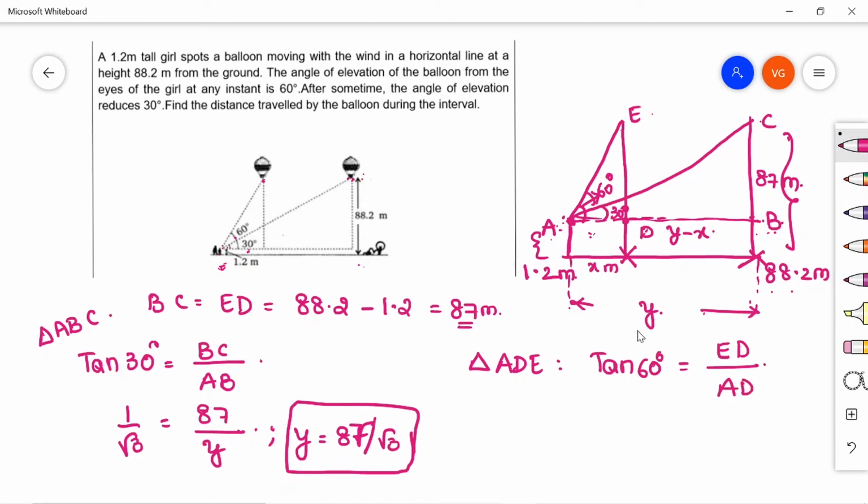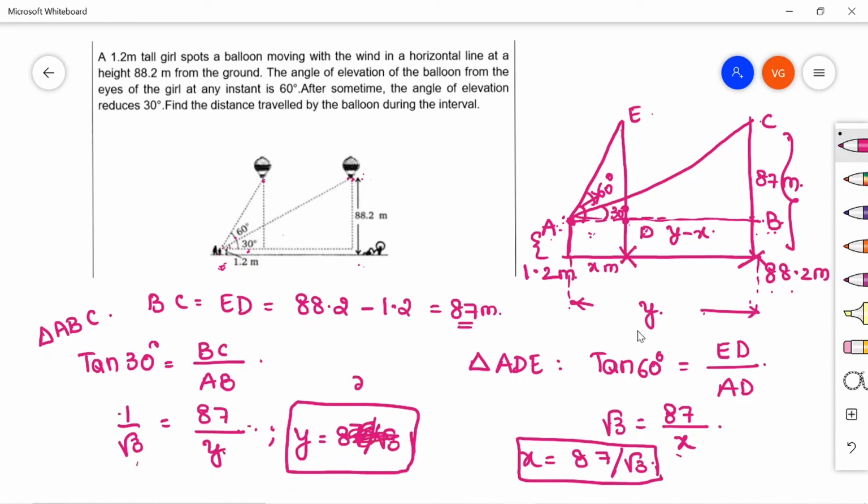ED is also equal to BC, that is 87. So root 3 is equal to 87 divided by AD, which is X. So from here X is equal to 87 divided by root 3. Whereas Y, sorry, here it is 87 root 3. So Y is equal to 87 root 3.